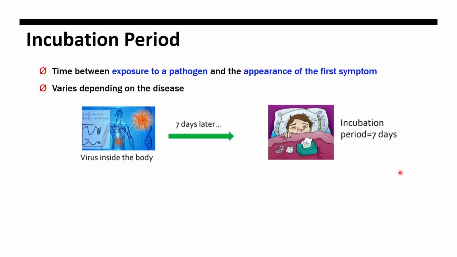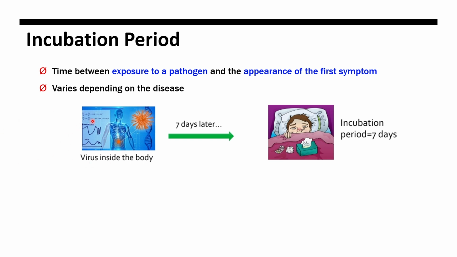Before we talk about the diseases, let us become familiar with this term, incubation period. Incubation period is the time between the exposure to a pathogen and the appearance of the first symptom. The incubation period depends on the disease or the pathogen that is causing it.